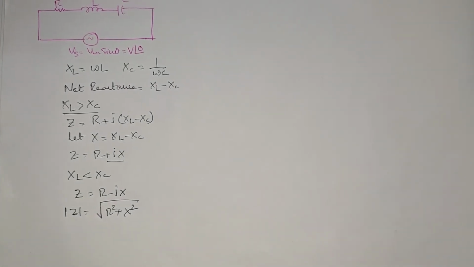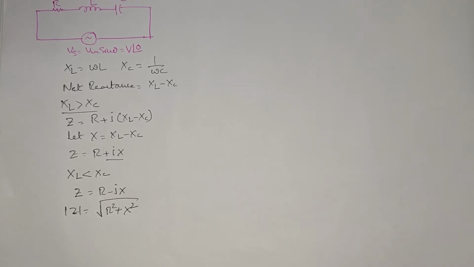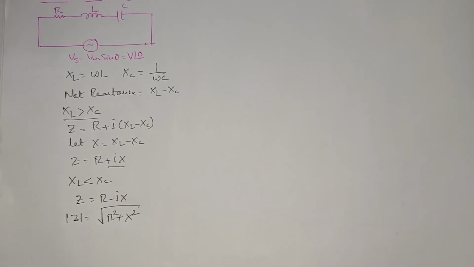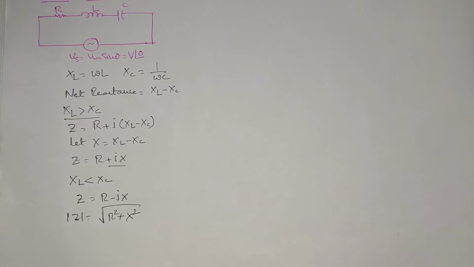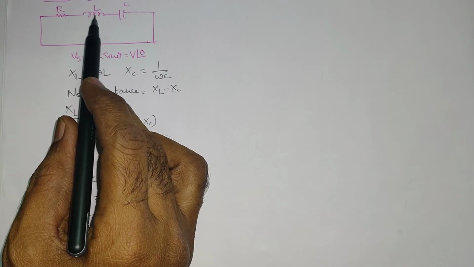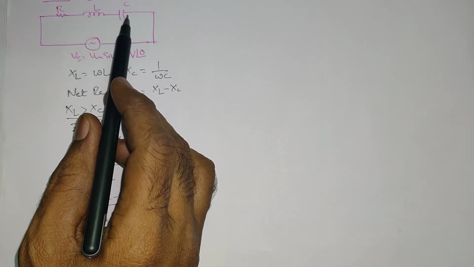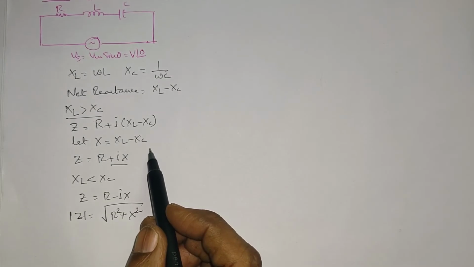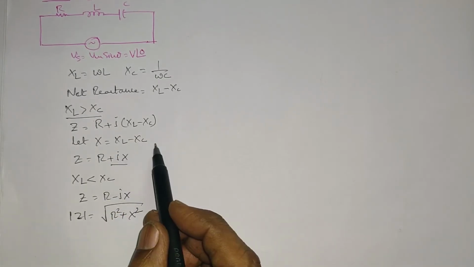And at this juncture I would like to discuss a particular condition of the series RLC circuit, where the net reactance of this particular combination becomes equal to 0. That is, XL minus XC will be equal to 0.